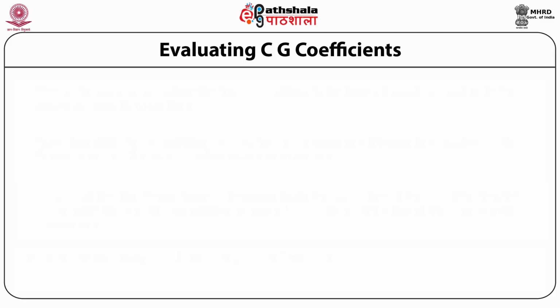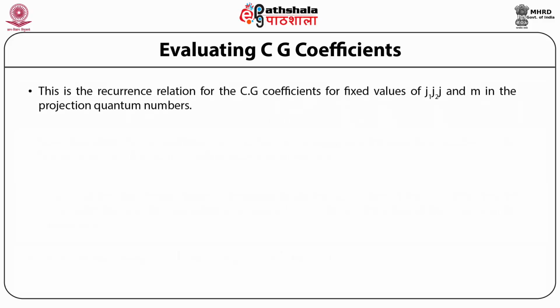So the above equation basically gives the recurrence relation for the Clebsch-Gordan coefficients for the fixed values of j1, j2, j and m in the projection quantum numbers.